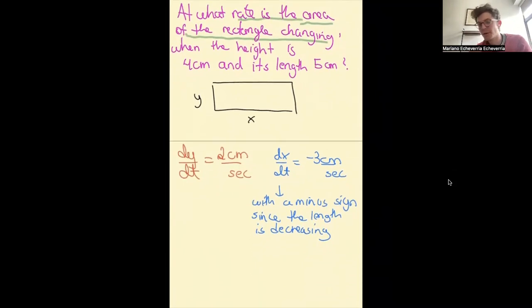So what is this asking? The problem is asking for the rate of the area, right? So dA/dt is what the problem is asking for.